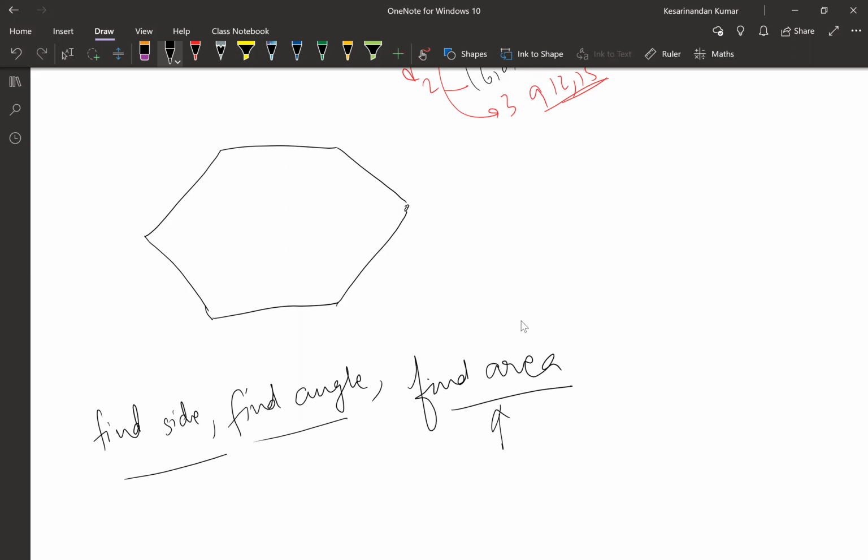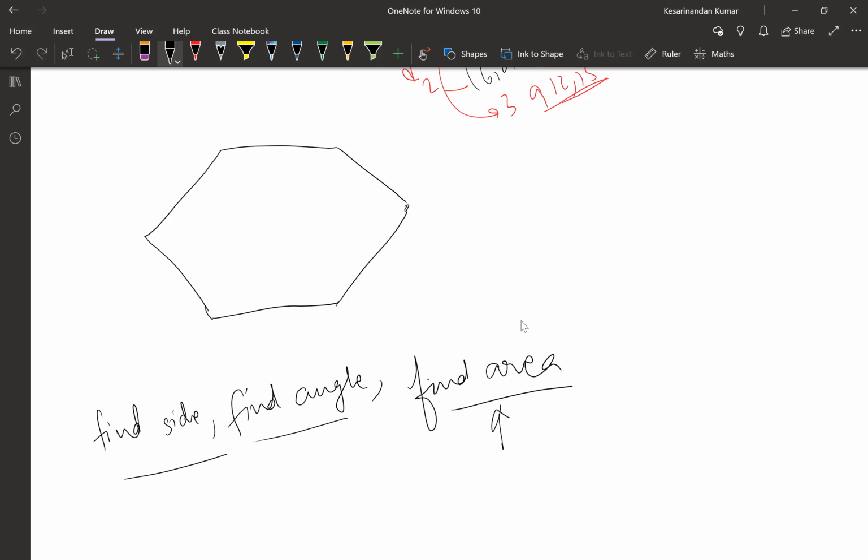So based on that, let me give you a simple, small question. This is your hexagon ABCDEF. This is the center, and I'm joining each and every vertex with the center.